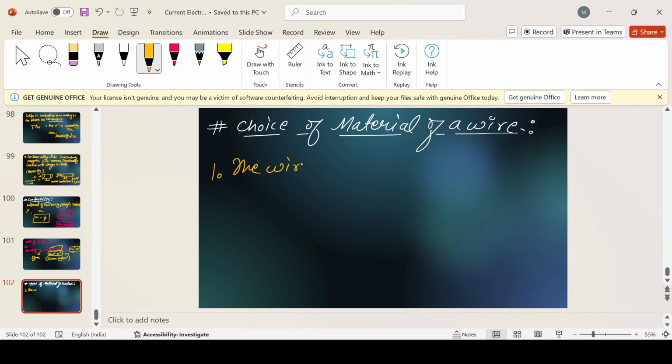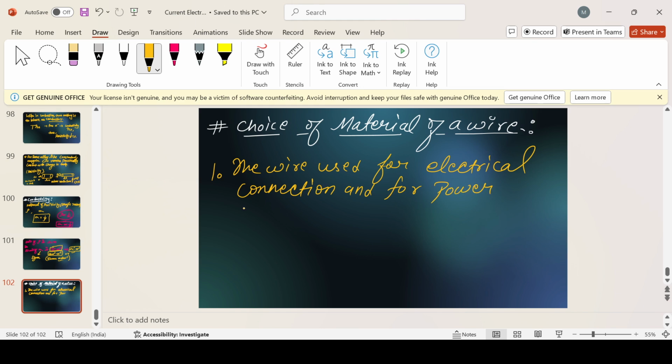So the first one is the wire used for electrical connection and for power transmission. Now what is this?